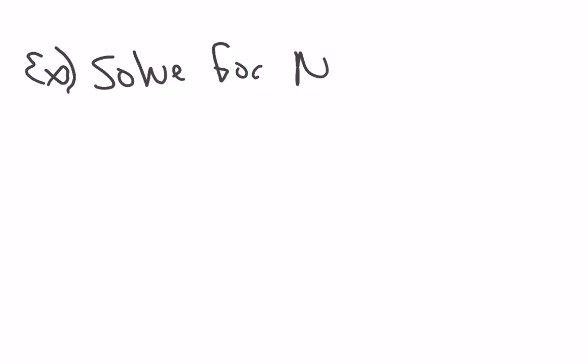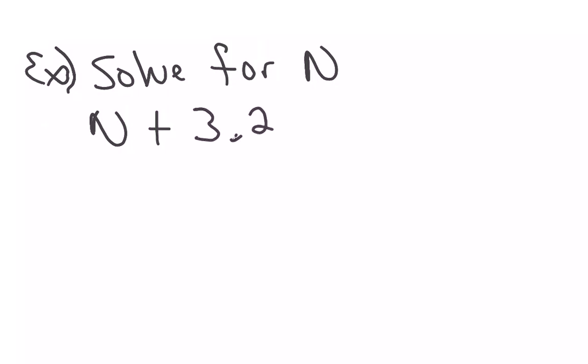Next example, solve for n. All right, we have n plus 3.2 equals 9.6. We want to get n by itself, but we have plus 3.2. So we could do a couple different things.